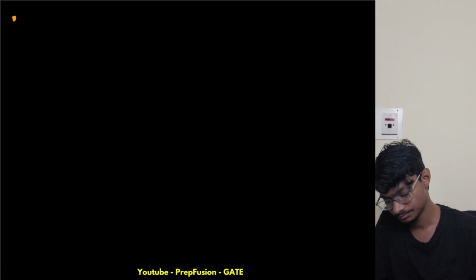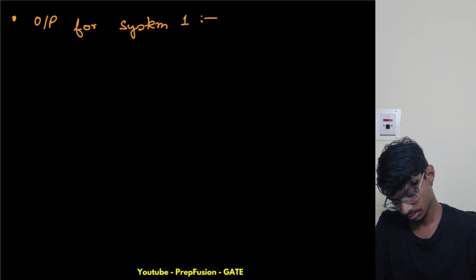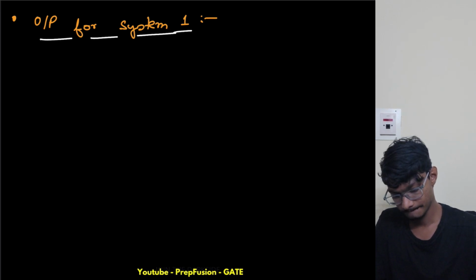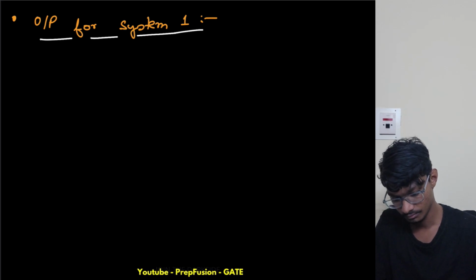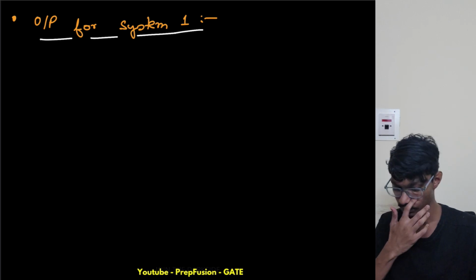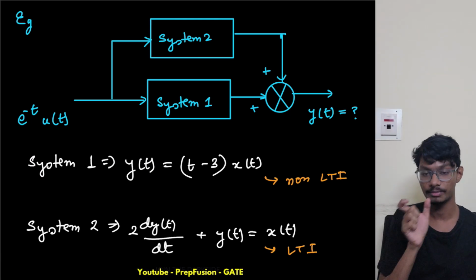So what we will do is, output for system 1. So what will be the output for system 1? Basically y(t) equals (t minus 3) x(t).